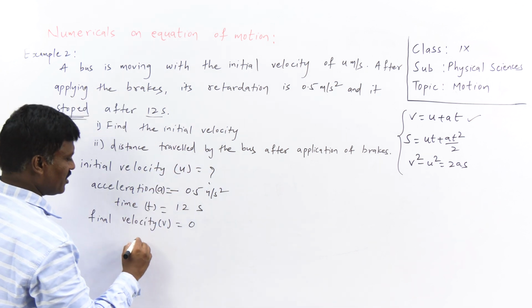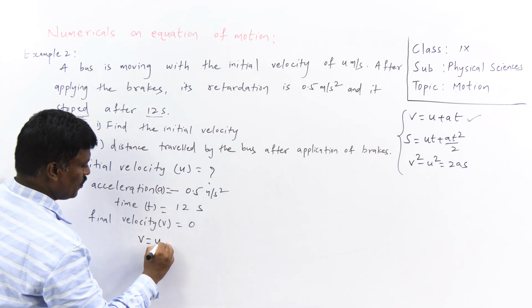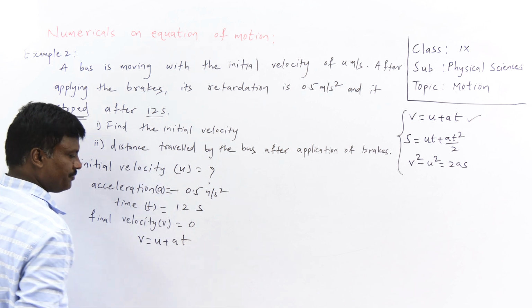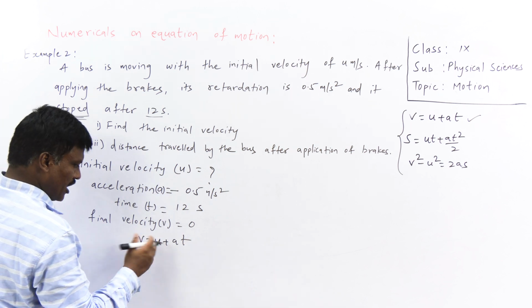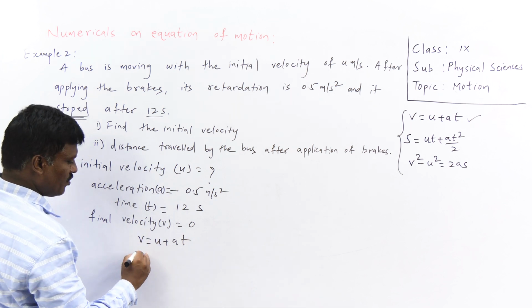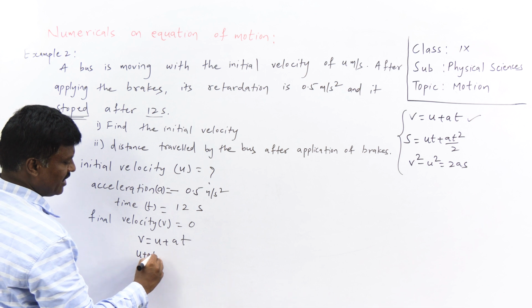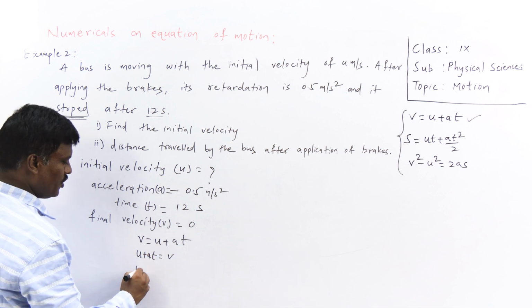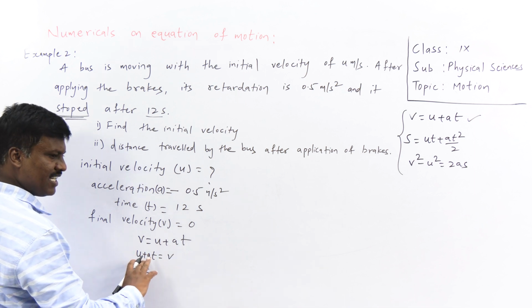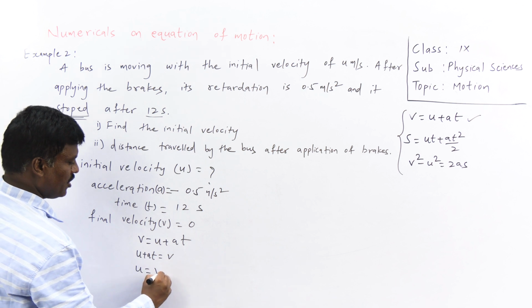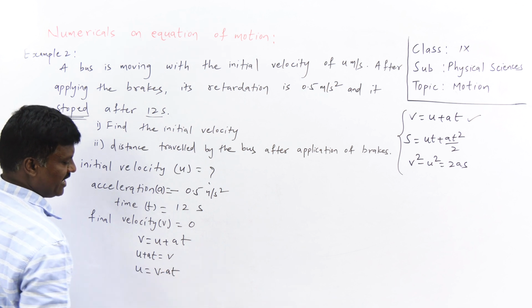What is the first equation of motion? v is equal to u plus at. If you transpose this, u plus at is equal to v. u is equal to, bring this plus at from LHS to RHS, becomes v minus at.